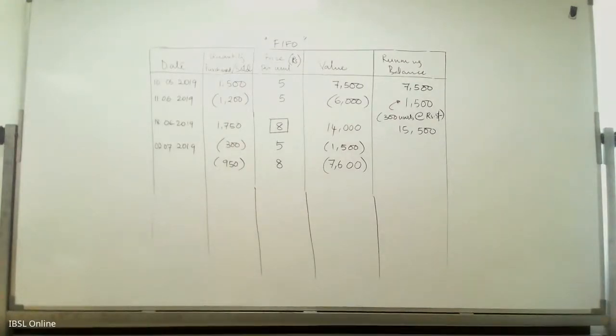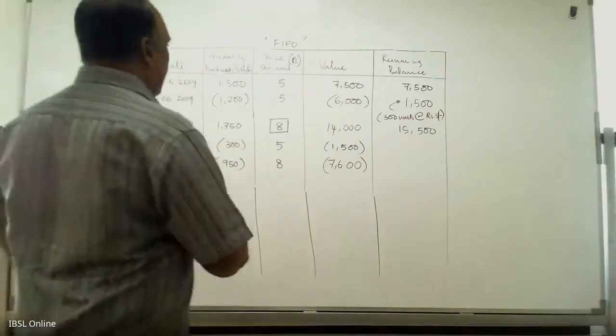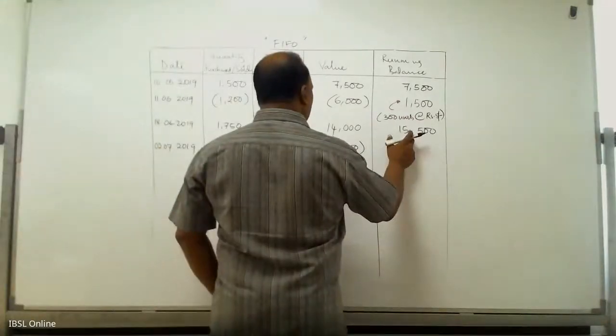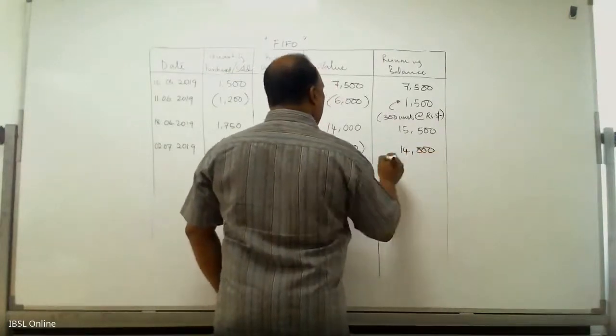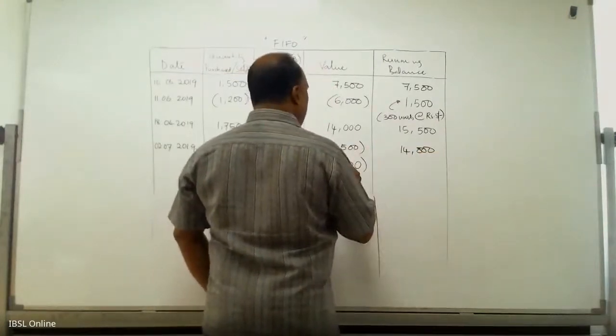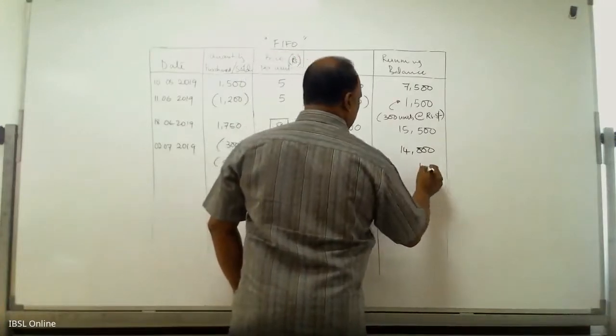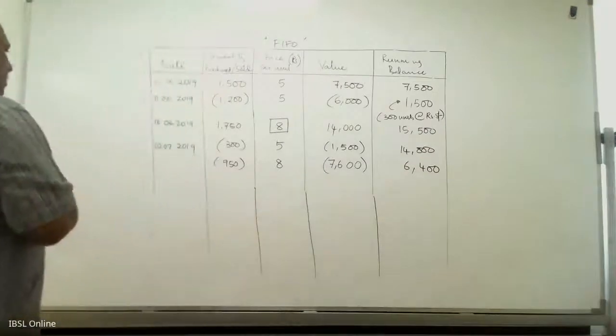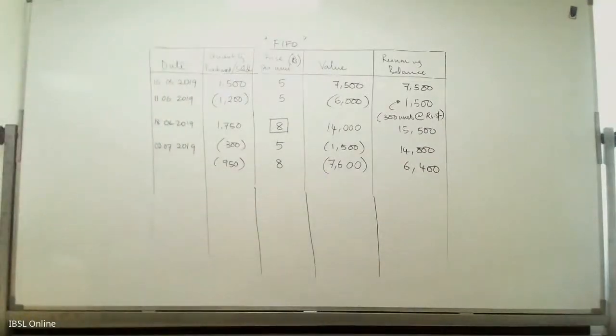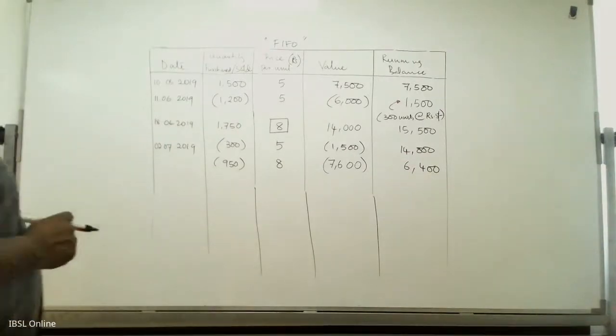So now what is going to happen? From the closing balance, 15,500 minus 1,500 means 14,000. Now 14,000 minus 7,600 means 6,400. Now the question here is, what is this 6,400?